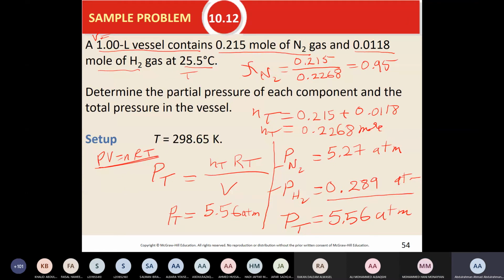And what's the unit? No unit, exactly. Mole will go with mole. Very good. So there is no unit.